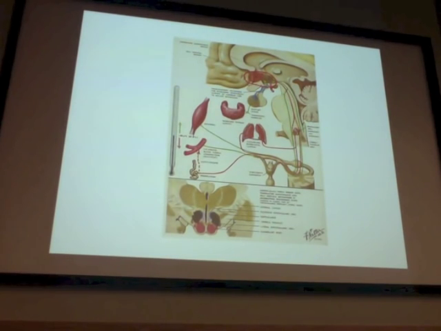Your hypothalamus is reading the baseline temperature, comparing it to the set point, and depending upon whether the temperature is too high or too low, the green pathway I think is showing where you want to gain temperature by either shivering or constricting blood vessels, and the red pathway is just the opposite, where you dilate peripheral blood vessels to lose heat. So these are all regulated through the autonomic nervous system.